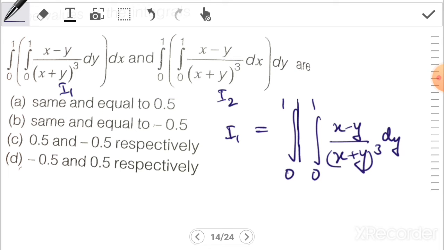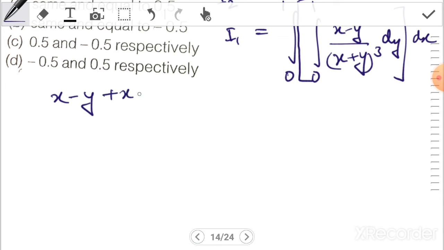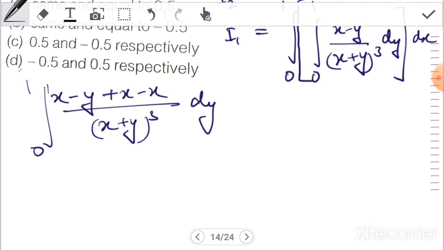So solving the inner integral first. Okay. Adding and subtracting x in the numerator, we have x minus y plus x minus x by x plus y whole cube dy 0 to 1.